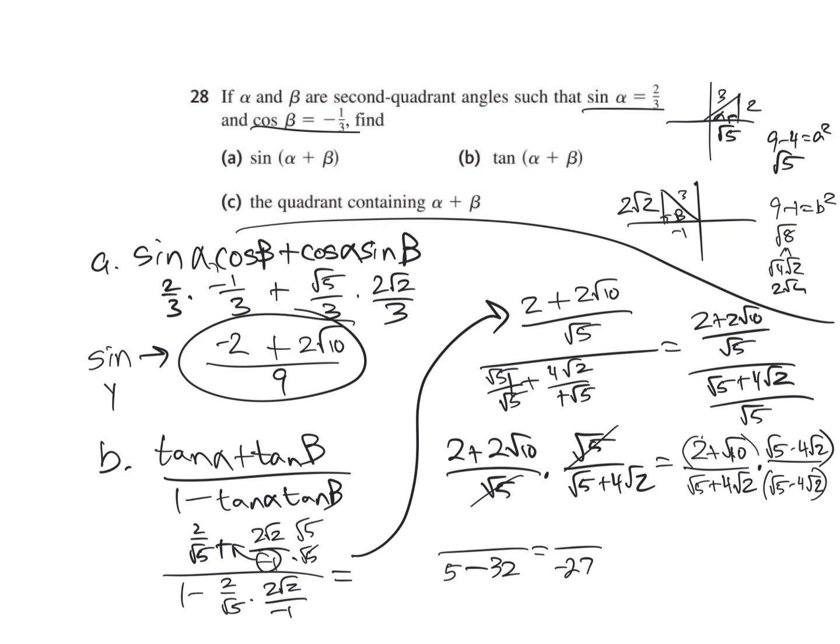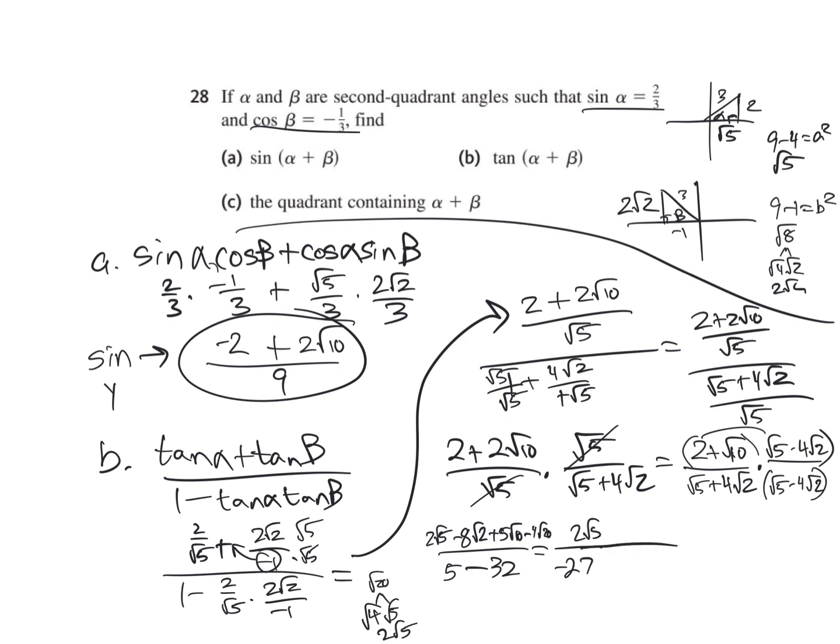On the top, we get 2 square root of 5 minus 8 square root of 2 plus 5 square root of 10 minus 4 square root of 20. All right, so the square root of 20, we're going to break that down into 4 and 5, which is 2 square root of 5. So now what do we have here?